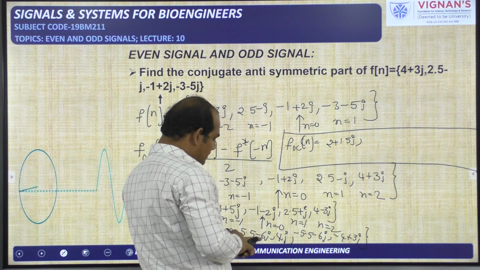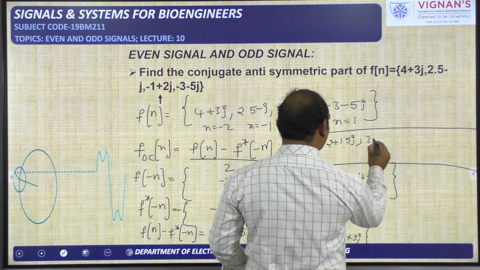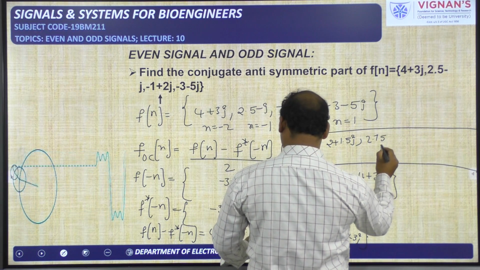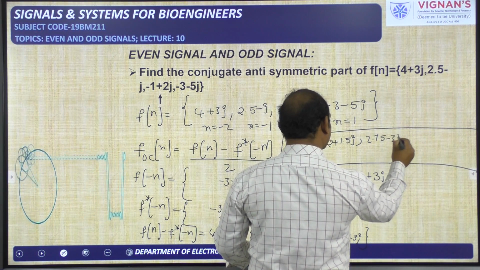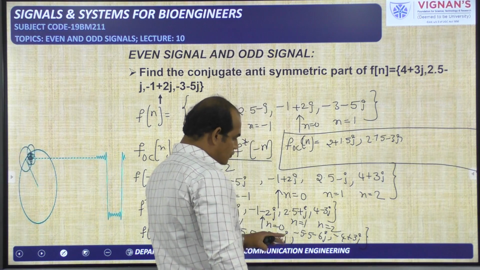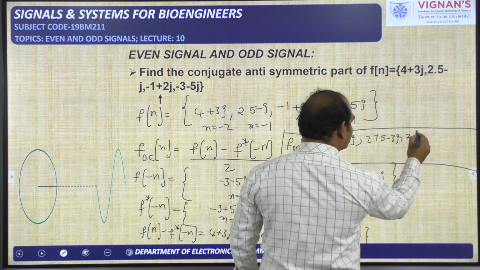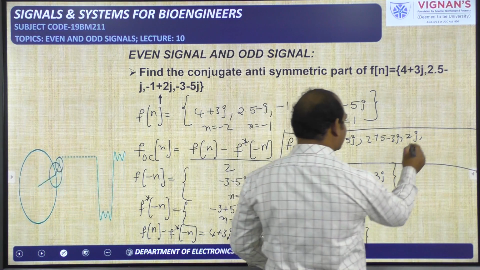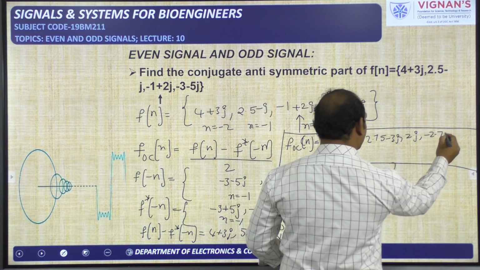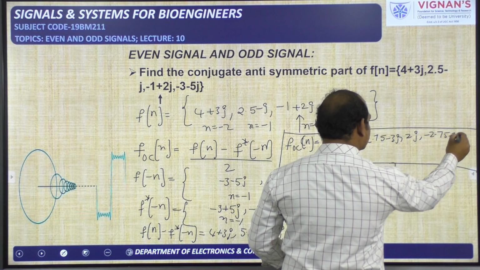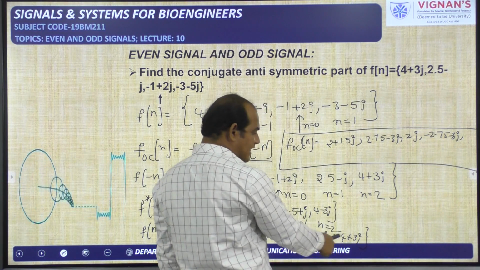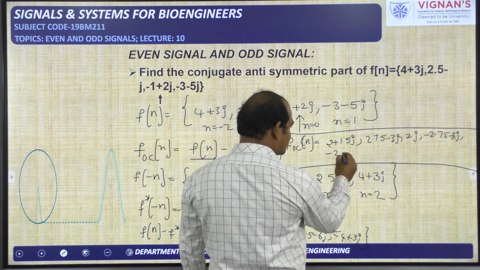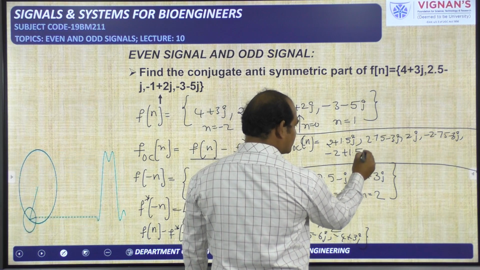Next 5.5 minus 6j, that is 2.75 minus 3j. Next 4j by 2, that is 2j. Next minus 5.5 minus 6j, that is minus 2.75 minus 3j. Next minus 4 plus 3j, that is minus 2 plus 1.5j.